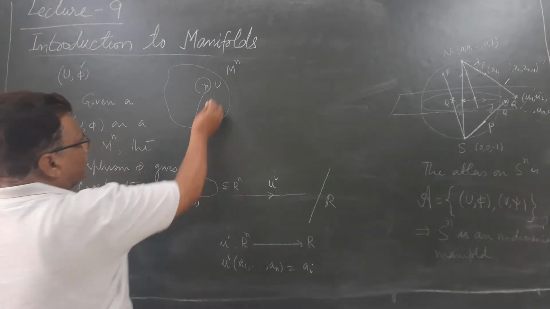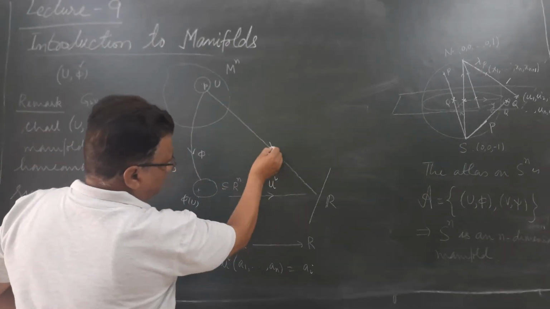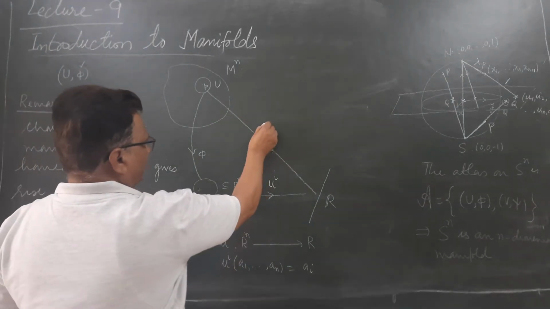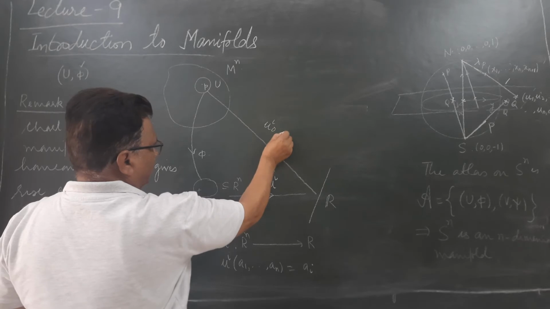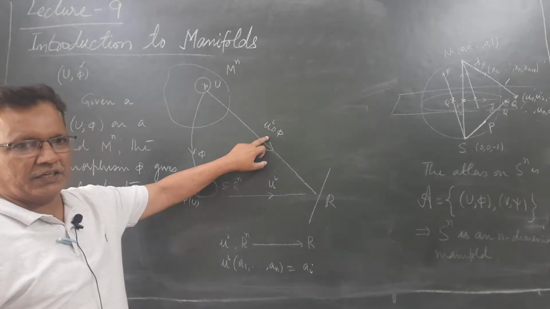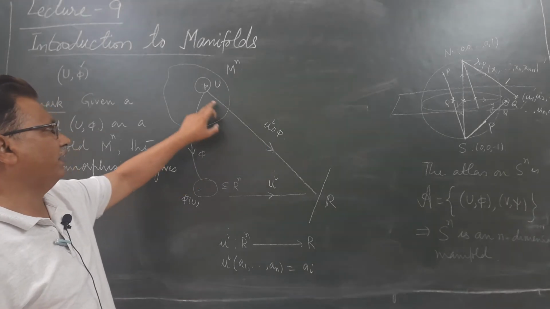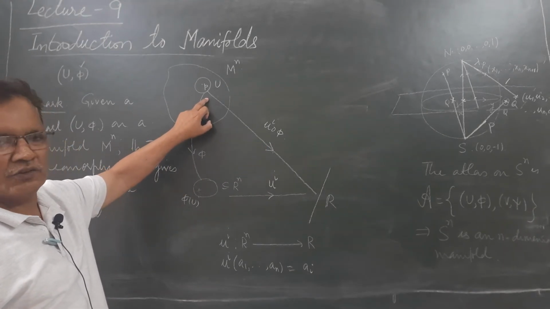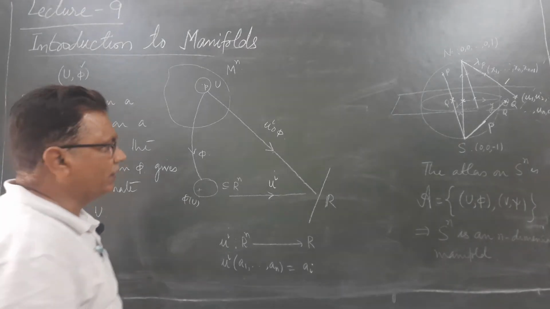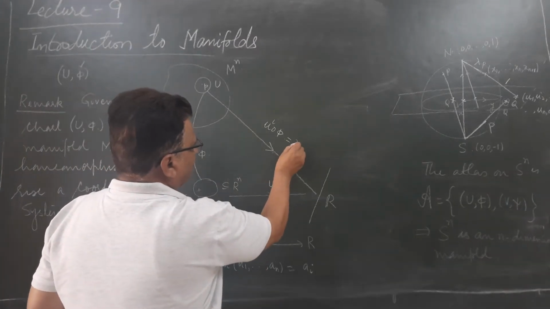So ui's are available to me. I will compose these two maps. The composition will be ui composed with phi. This is a real valued function. For each i, ui composed with phi is a real valued function on U, and therefore I can consider it as a coordinate function. I will denote it by xi.